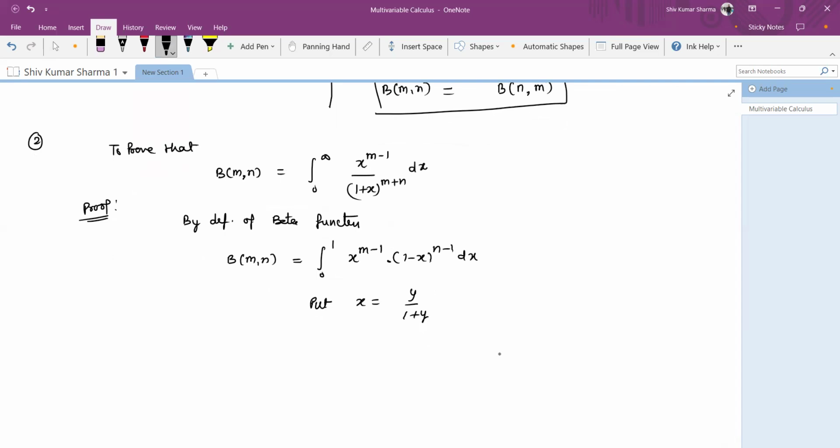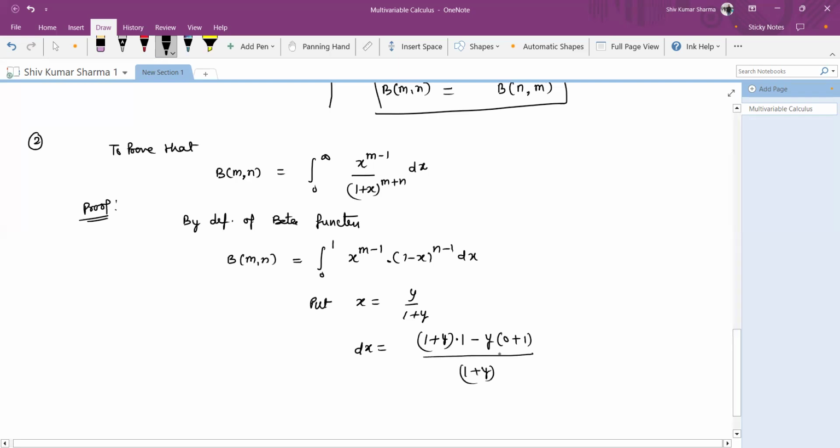When we differentiate the right-hand side, dx is equal to the denominator into the differentiation of the numerator minus the numerator into the differentiation of the denominator, so 0 plus 1 upon the denominator to the whole square, into dy.